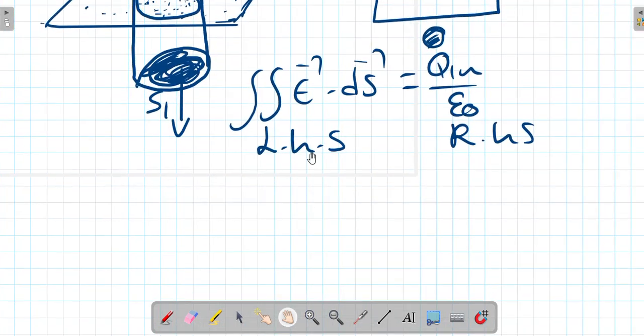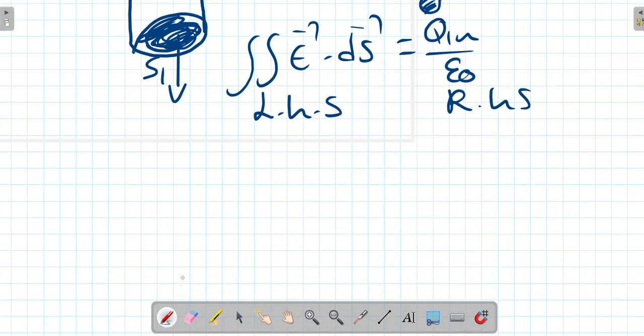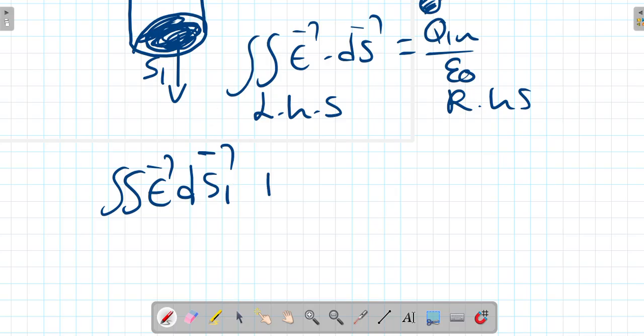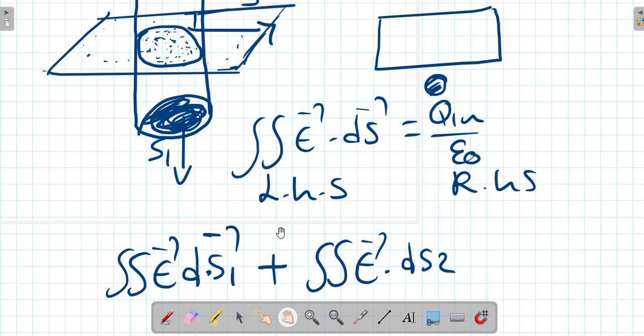So you're going to decompose this integral into three surfaces. We integrate E on the first surface, that is dS1, plus we integrate E on the second surface, which is dS2, this surface.